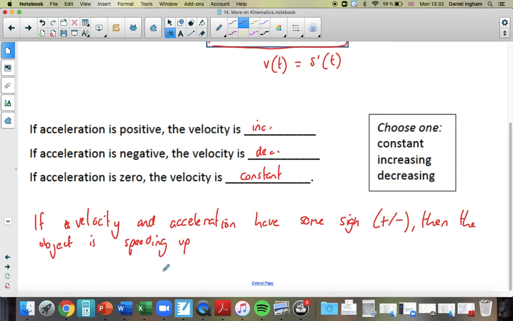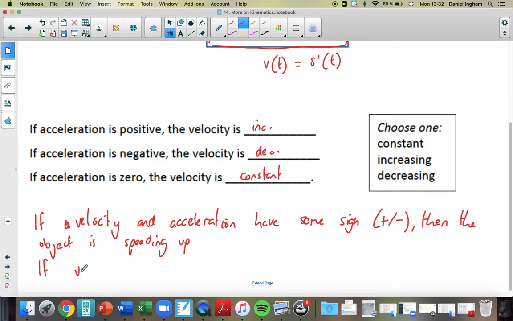Whether the velocity is positive or negative is almost irrelevant, because a negative velocity and a negative acceleration can still mean it's increasing its actual speed. It's just the direction is changing.